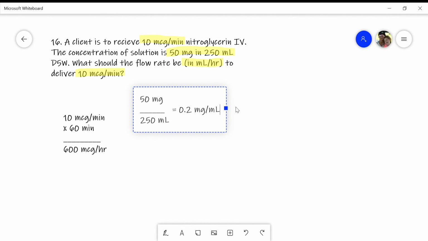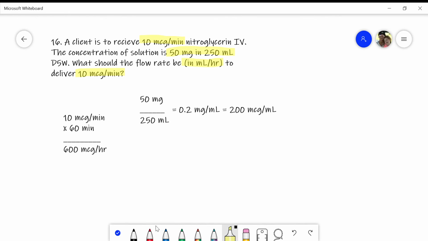And then now we need to convert that into the micrograms, which is 0.2 times 1,000, which is going to give you 200 micrograms a milliliter. So we need 600 micrograms an hour, and our dosage is 200 micrograms a milliliter.